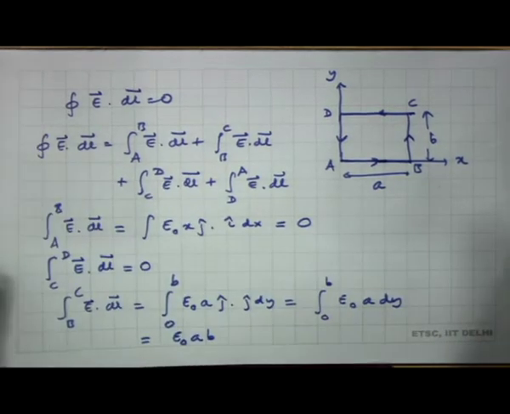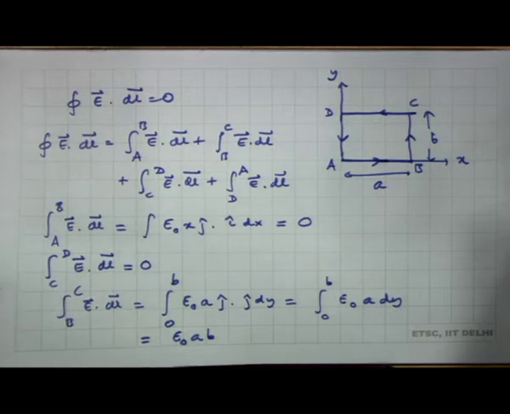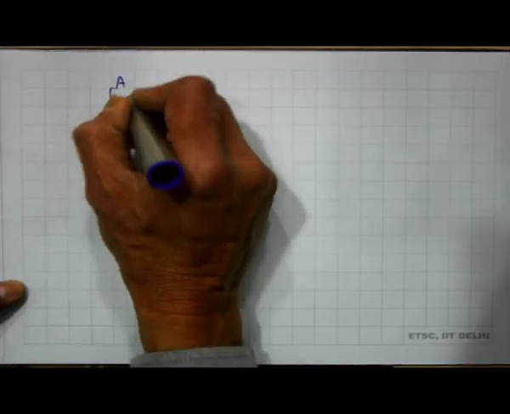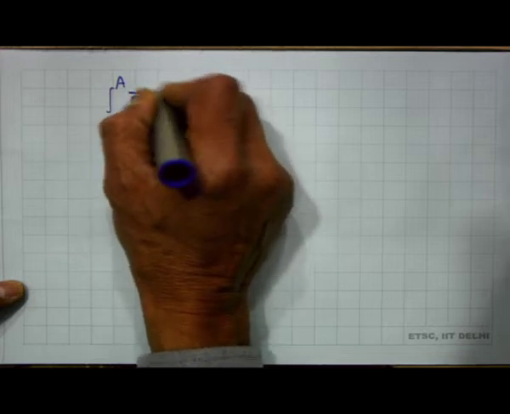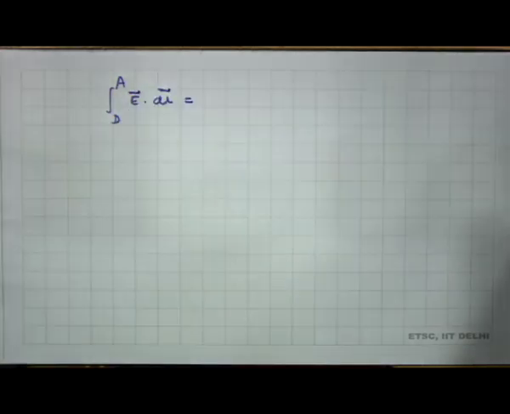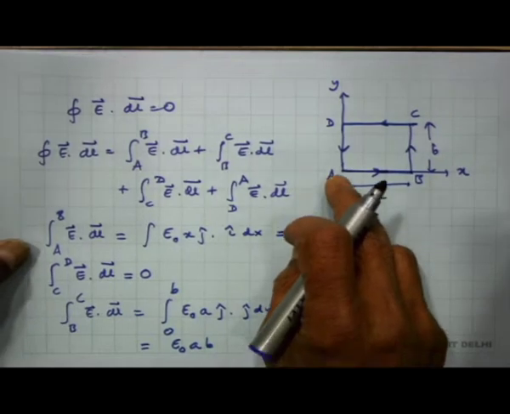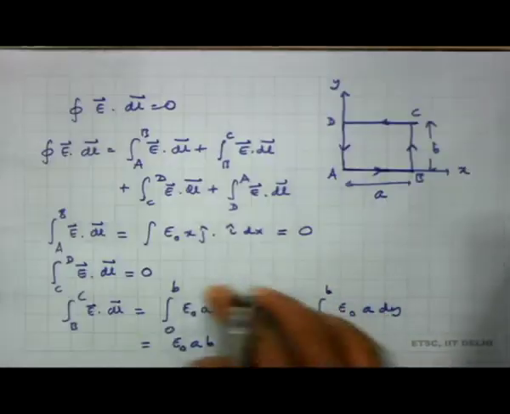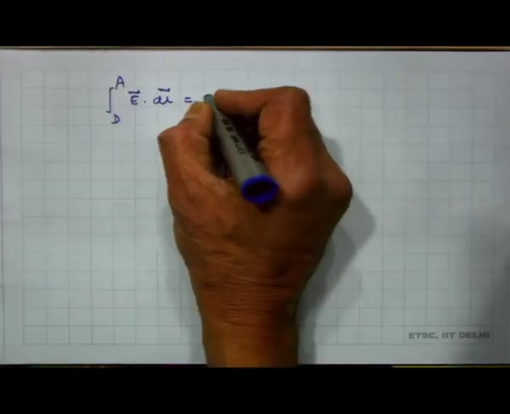Now, what about the final integral, d to a of E dot dl? This is a line on x equal to 0, and at x equal to 0, as you can see, the electric field itself is 0. So, this integral is also equal to 0.